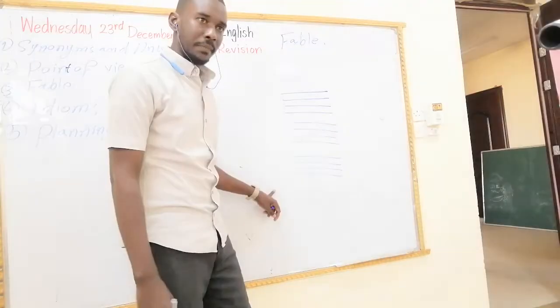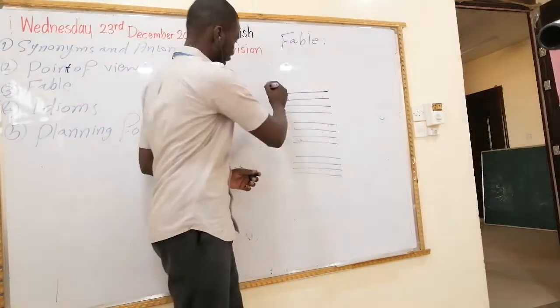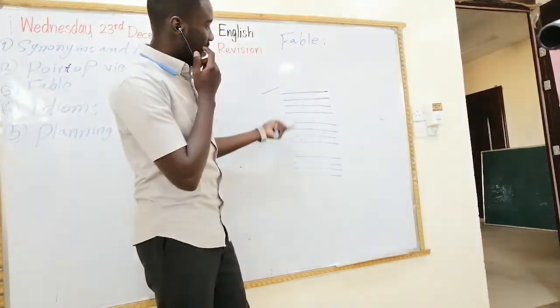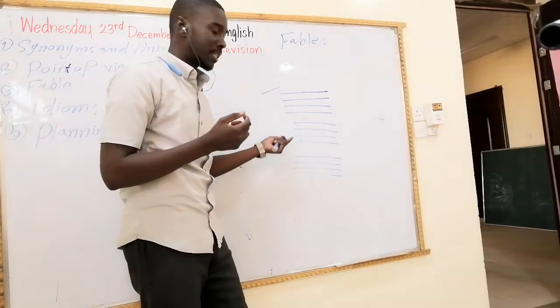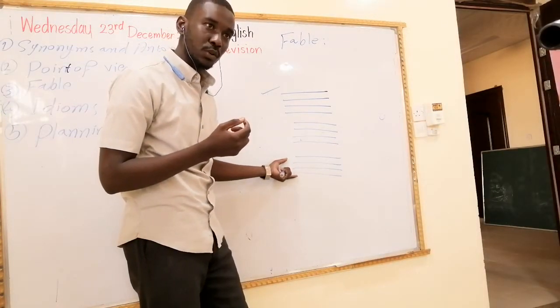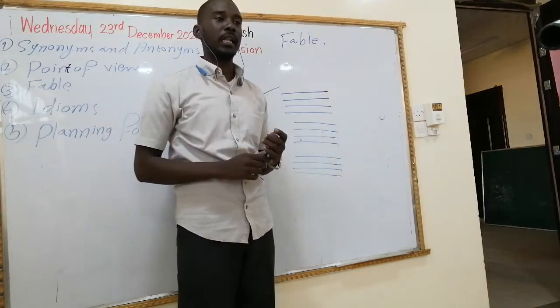What to do in these 3 paragraphs? Paragraph 1, as we said earlier, is about the setting, place and time. Paragraph 2 is the problem. What is the problem in the story? And the last paragraph is how the problem was solved, plus, because it's a fable, the moral.